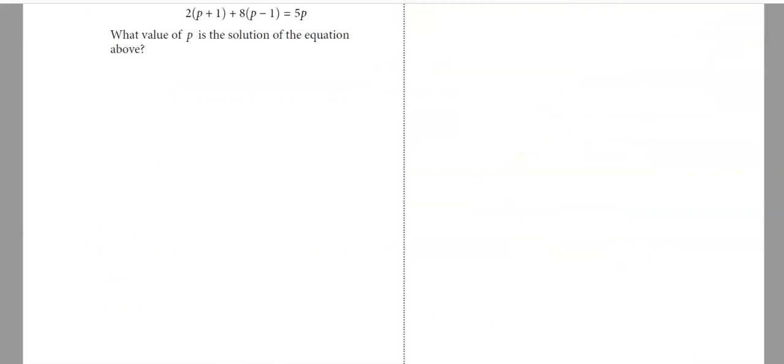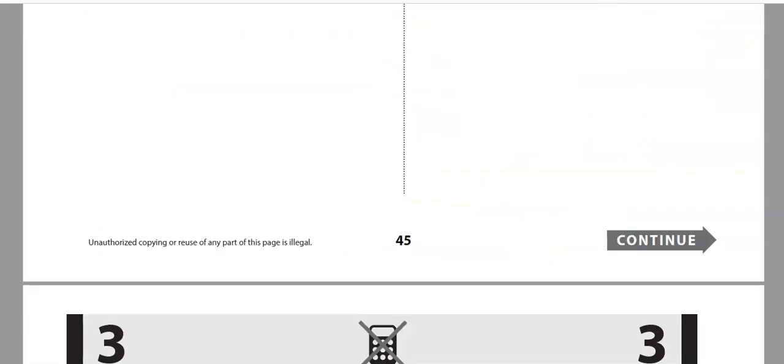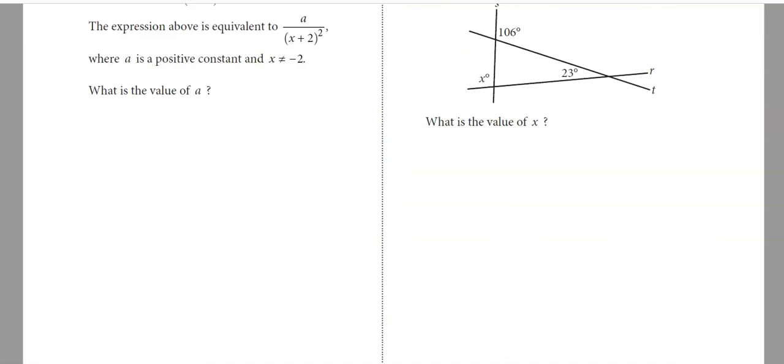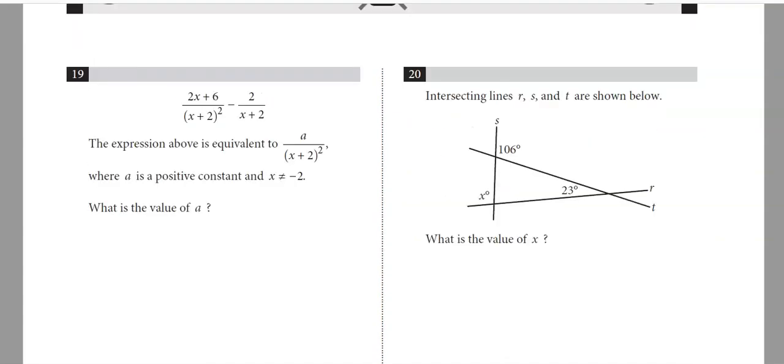All right. Number 19. Let's see what we got here. So we have an expression. We have a couple of fractions. The expression above is equivalent to a over x plus 2 squared. A is positive, so that might be important here somewhere. So we're not allowed to have a negative number.